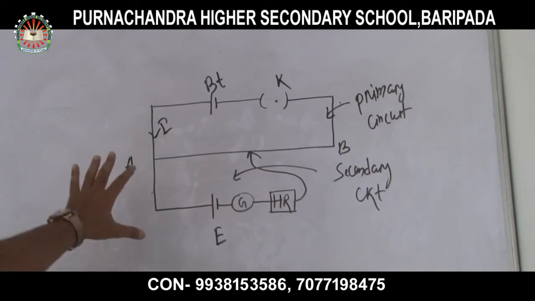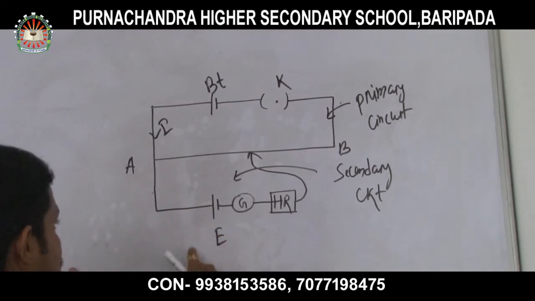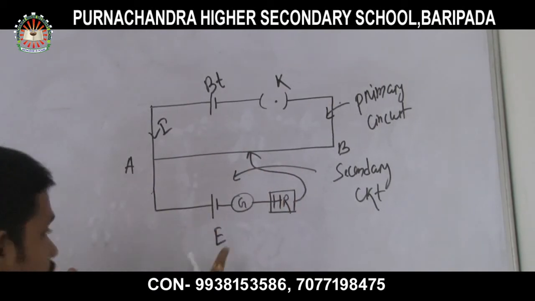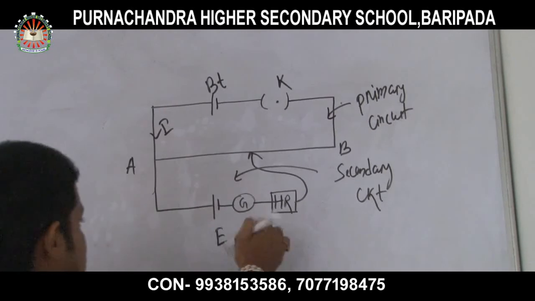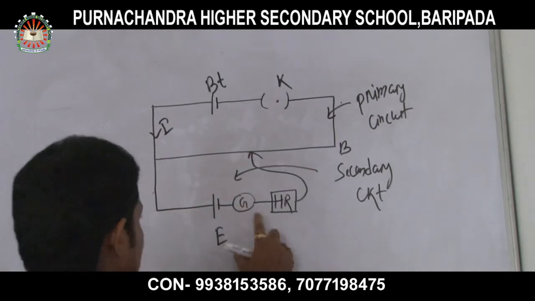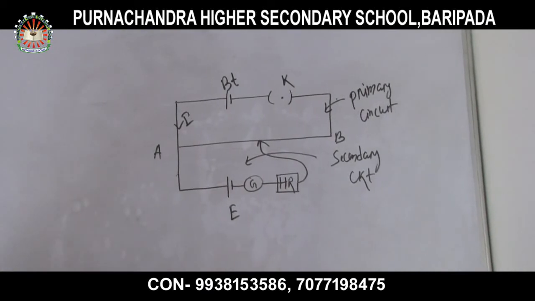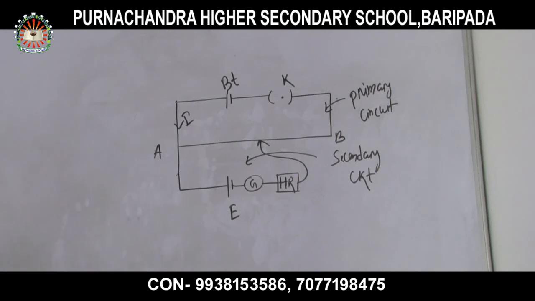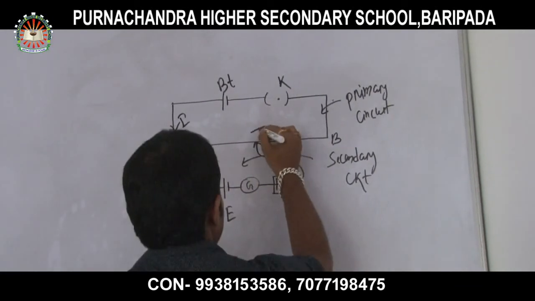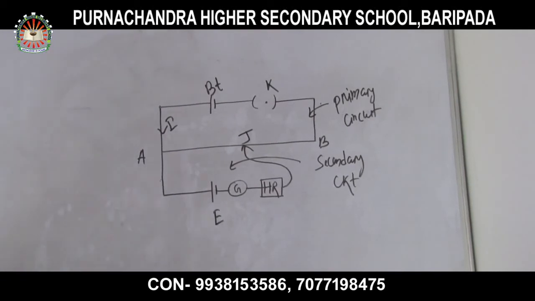As is very clear, in the secondary circuit the EMF is connected in series with a galvanometer and a high resistance. Clear? In the same manner, let us name this point J, that is a jockey, the moving switch. So what is our aim?